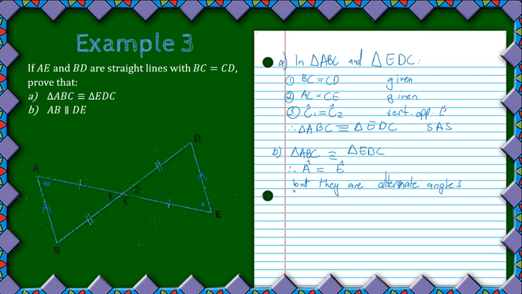And since they are alternate angles and they are equal, therefore AB must be parallel to DE.